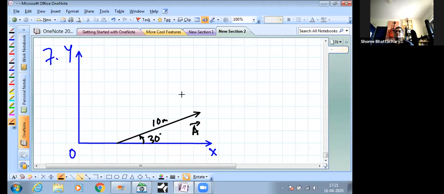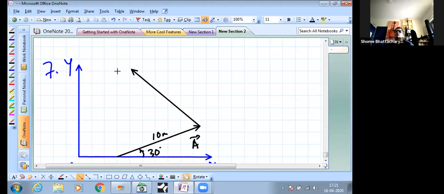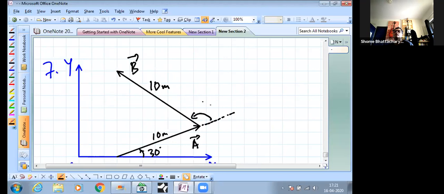Now simultaneously a second displacement B is given to you, something like this. B's magnitude is also 10 meters, but the angle that it is making with respect to A is given to us as 120 degrees.